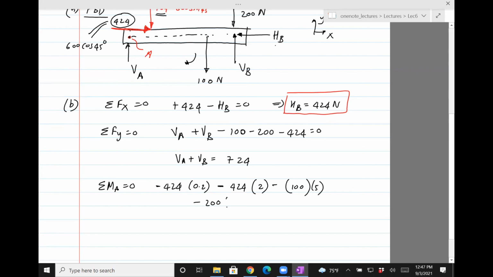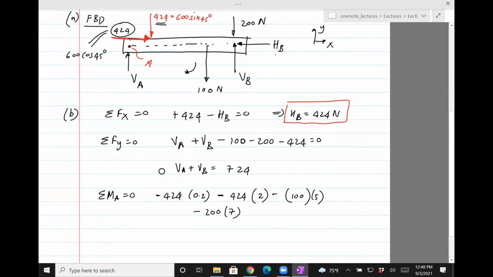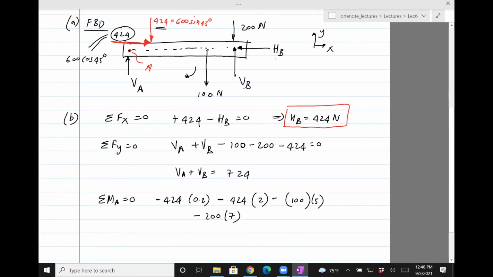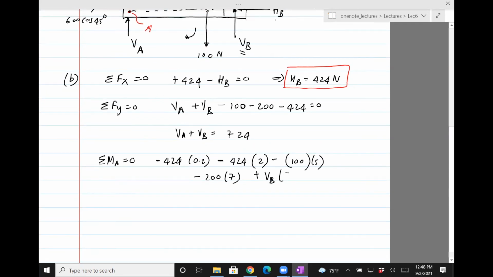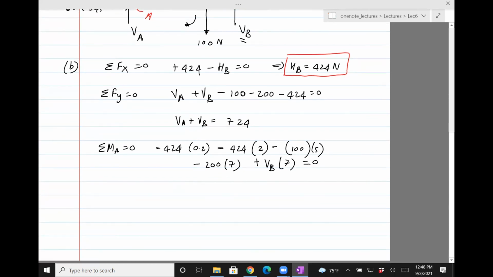Minus 200 times 7, with minus for the clockwise movement. VB is going to produce a counterclockwise moment about A, so VB will have a positive sign for the moment. And the distance is, I think, the same, 7. So now we have an equation for VB.